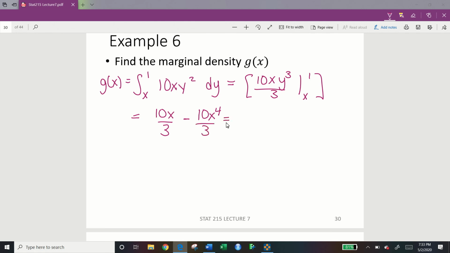Let's simplify that a little bit, and we will have 10/3 x multiplied by the quantity 1 minus x cubed on the bounds of 0 less than x less than 1. All right, very good. Let's move on to the next part of this example.